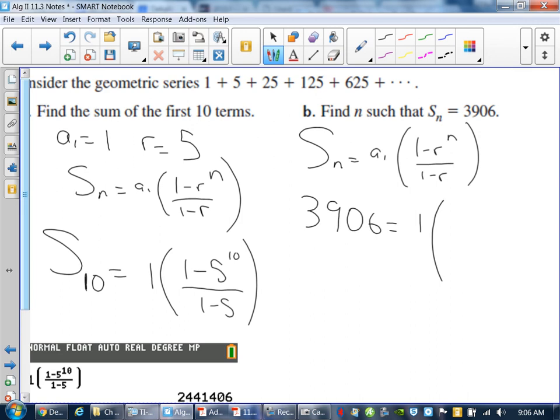First term, 1 minus 5 to the n over 1 minus 5. This one isn't so crazy because your first term is 1. If it wasn't, I would divide by the first term right away, just to move that out of the way.